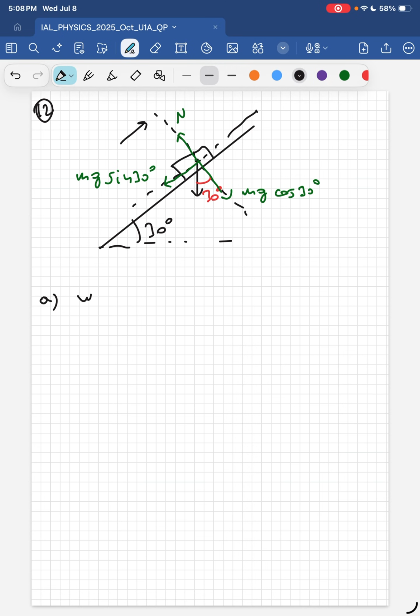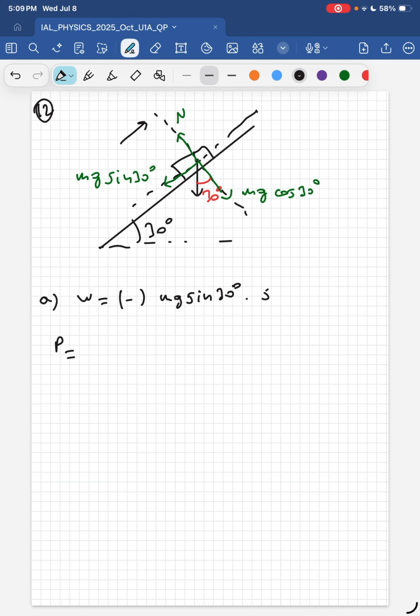Since we move up, it's actually minus, but we are not going to use it. So mg sine 30 degrees, and the minus sign comes from the fact that although we move up, the force points down, but I've just put it there for completeness, times the distance covered on this ramp.